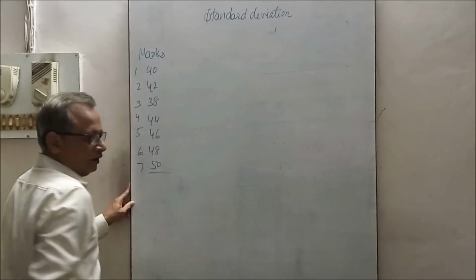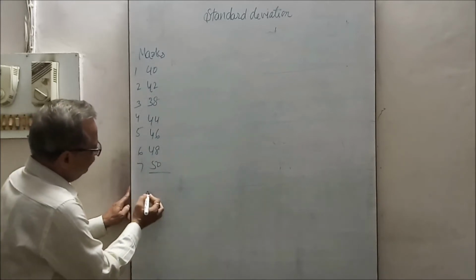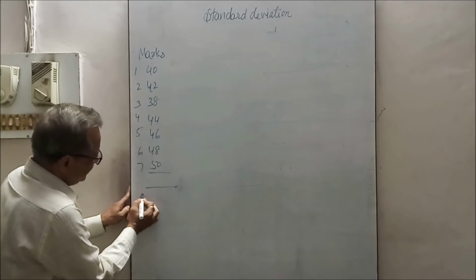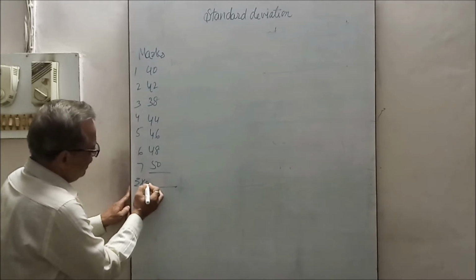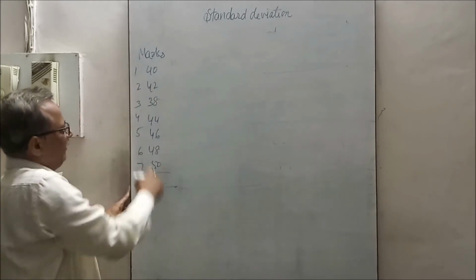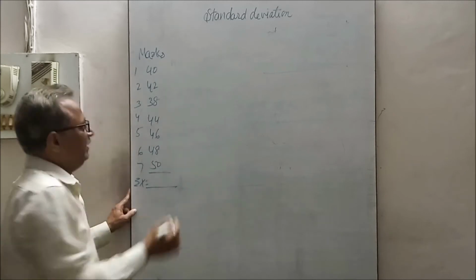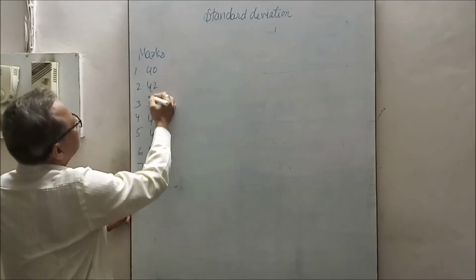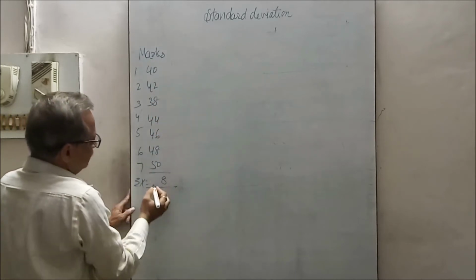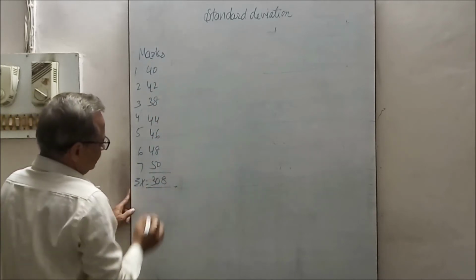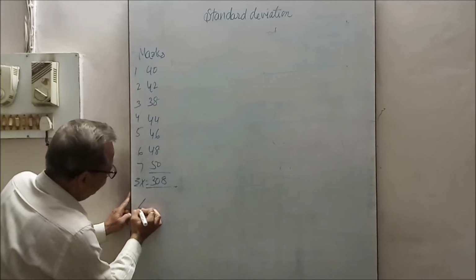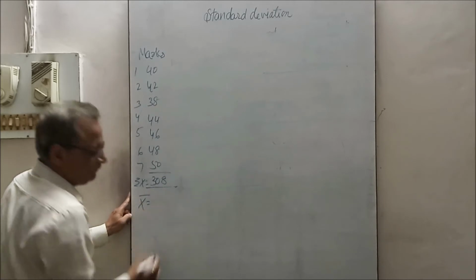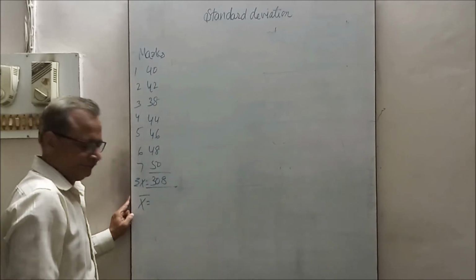Now, first we will find the summation x, or sigma x, that is the total of it, to find the arithmetic mean.